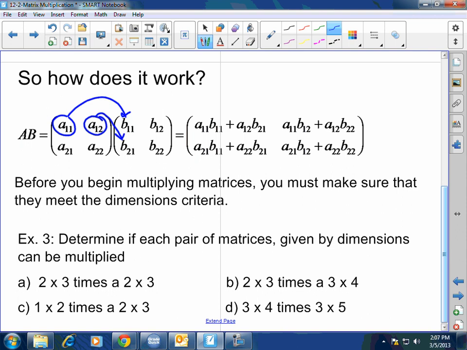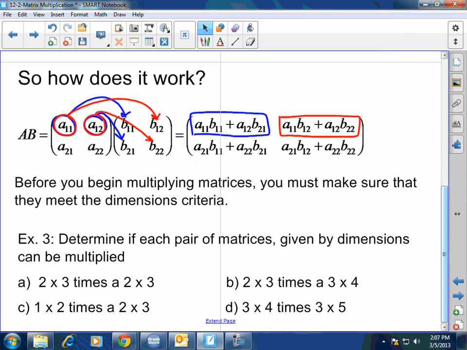That's what I did right here. A11 times B11 plus A12 times B21. You with me so far? Then A11 times B12, and then A12 times B22. That's this guy.